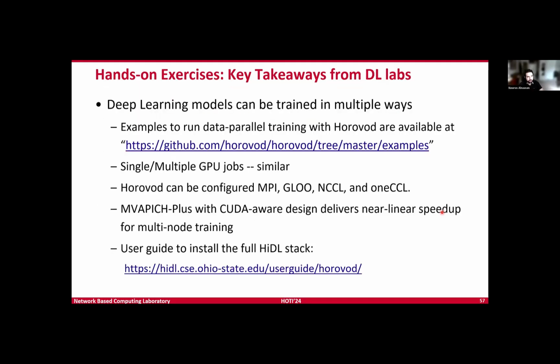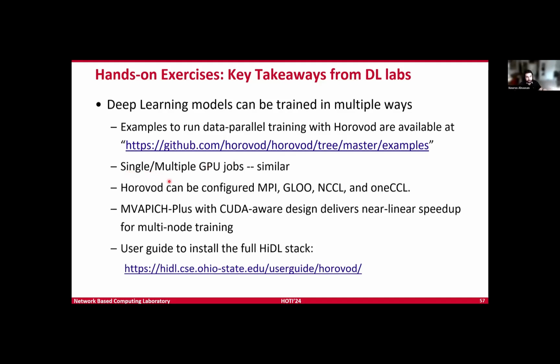So, key takeaway: deep learning models can be trained in different ways. We saw different deep learning frameworks like PyTorch and TensorFlow. For this exercise, we used Horovod, but there are also different distributed middleware frameworks like DeepSpeed, Torch distributed, and TensorFlow distributed. We're going to look at DeepSpeed in Lab 2 in a later section of this tutorial.